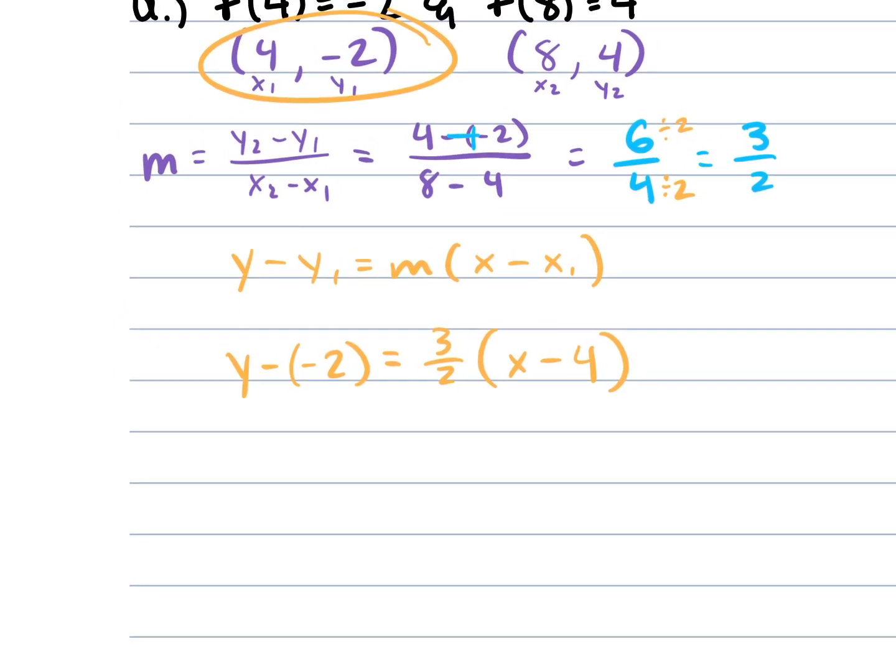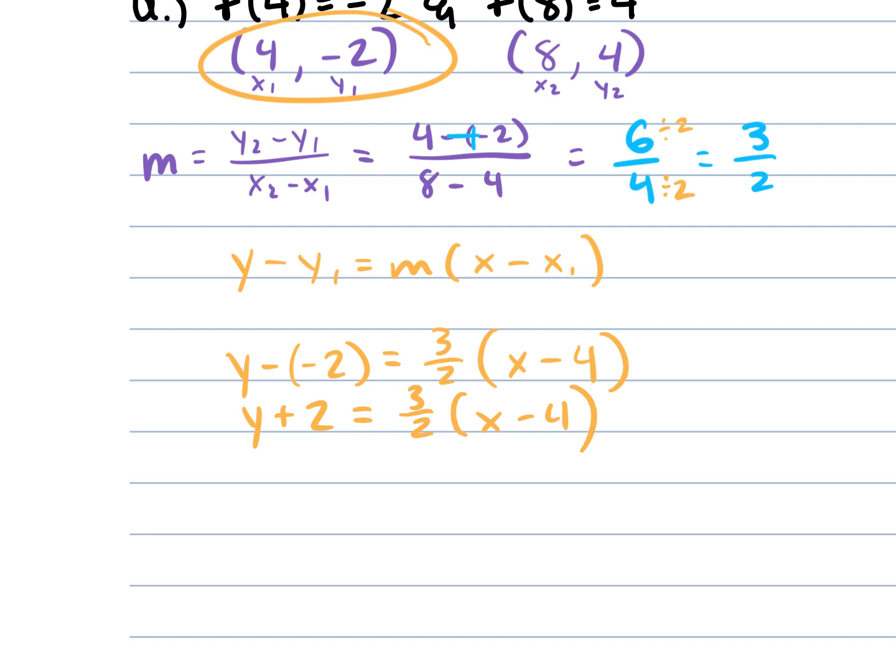Now this question doesn't say if it wants slope-intercept form or point slope, but we're going to put it in slope-intercept form just to practice. How can I simplify this a little bit? Make it y plus 2, perfect. Y plus 2 is equal to 3 over 2 times x minus 4.